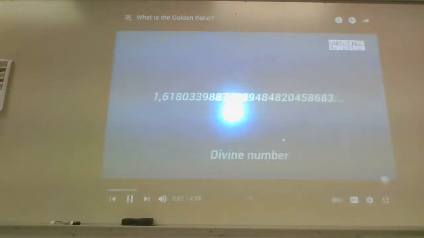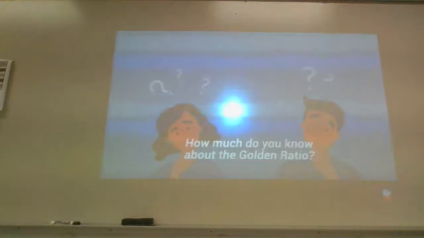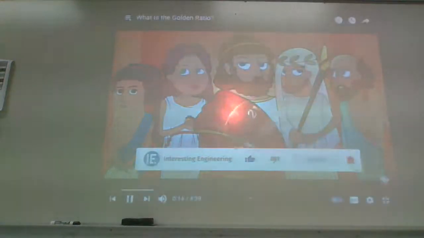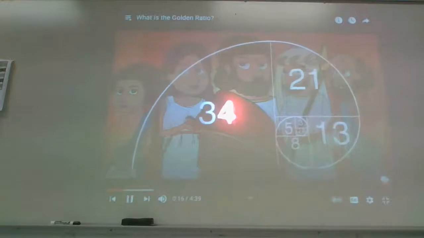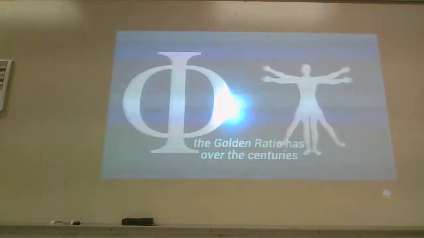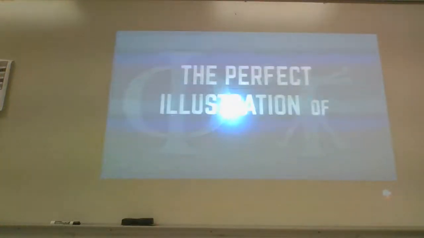Divine number or design myth. How much do you know about the golden ratio? Since the time of the ancient Greeks, artists, designers, thinkers, scientists, and engineers have been fascinated by the golden ratio. Also denoted as phi, the golden ratio has, over the centuries, even been considered as the perfect illustration of beauty.